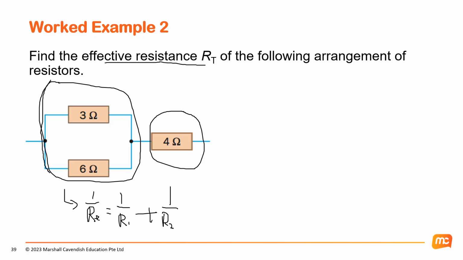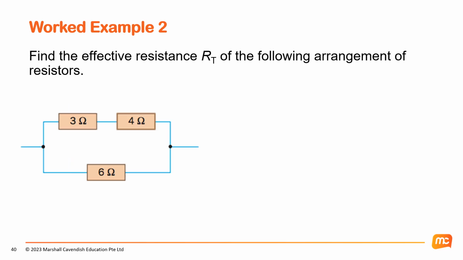Then after that, I look at them in terms of two resistors connected in series. So this is one package, this is another, right? That way you can find the effective resistance.